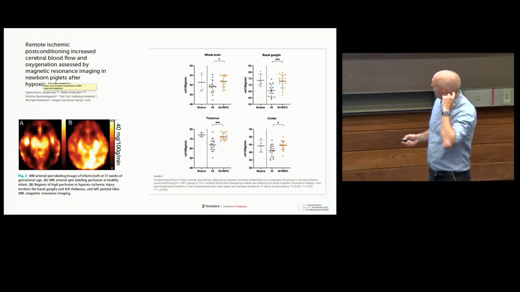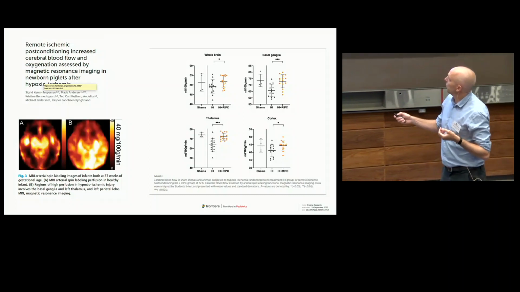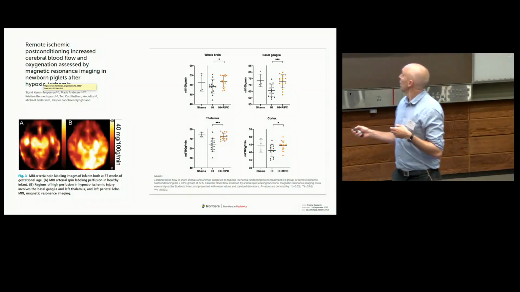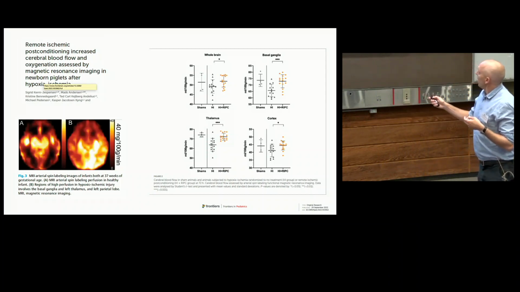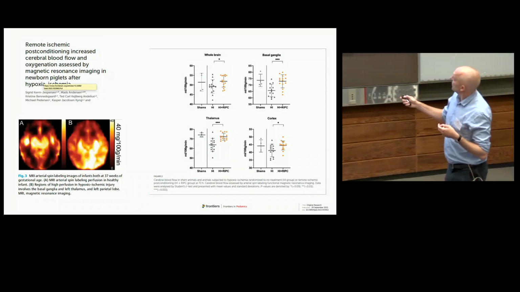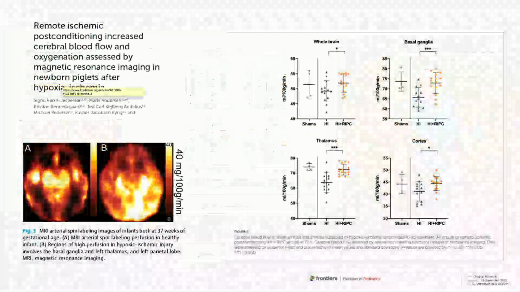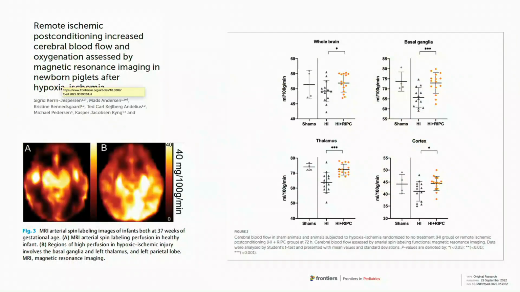So we looked at arterial spin labeling also in our piglet HIE model, and we actually found that with post-conditioning there was perfusion that was higher and more similar to the healthy sham animals than with just hypoxia-ischemia. This was without therapeutic hypothermia. And we saw that in whole brain, but also in basal ganglia, thalamus, and cortex.